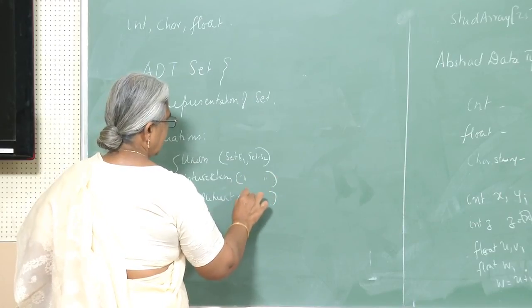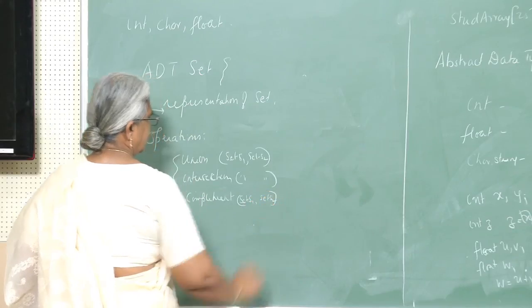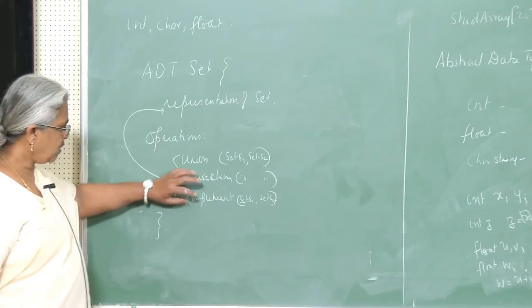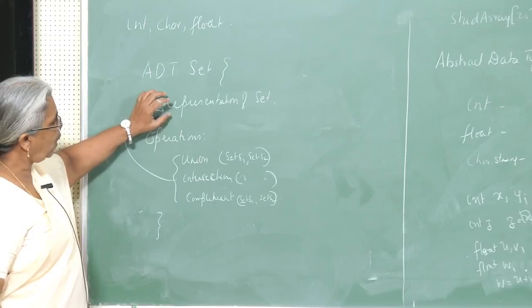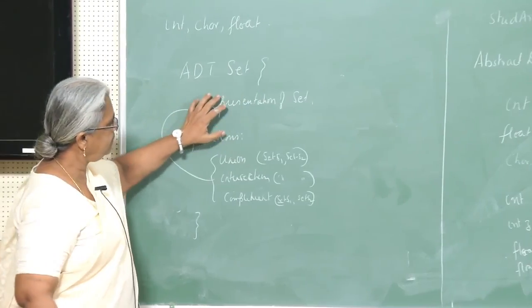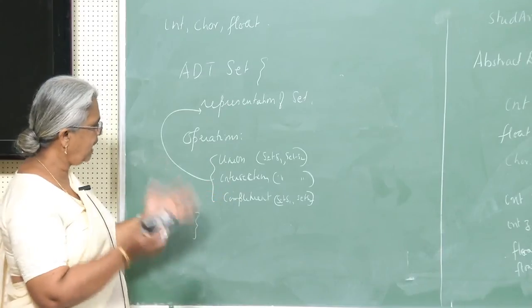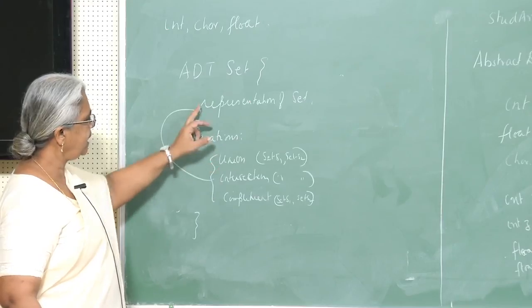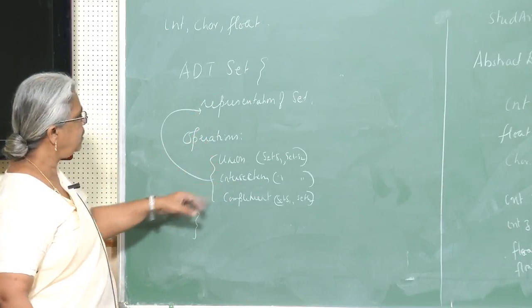Complement again, because you are subtracting, let us say, from one to the other, takes set S1 and set S2. Okay. So it basically takes sets as arguments, and then there are operations that are performed on the set. So obviously what is it going to do? It is going to operate on the data, the way the data is represented. Each one of these functions hides the whole information here, and operates on the way the data has been represented, and finally the result is going to be the union of these sets.